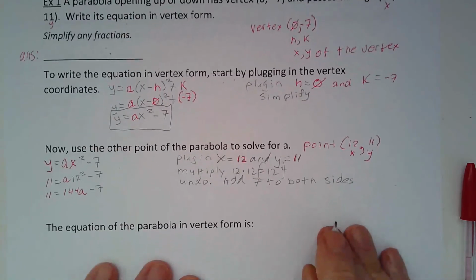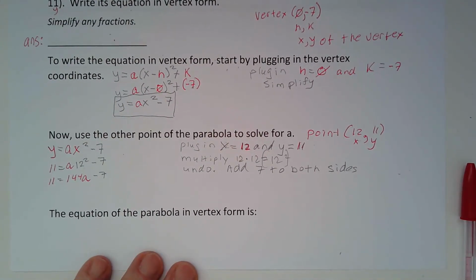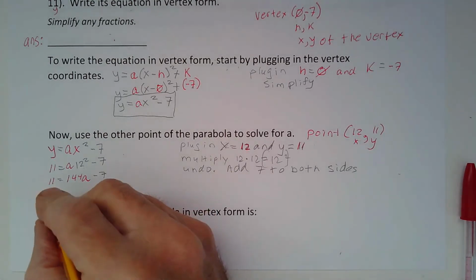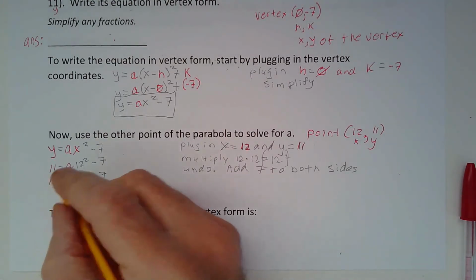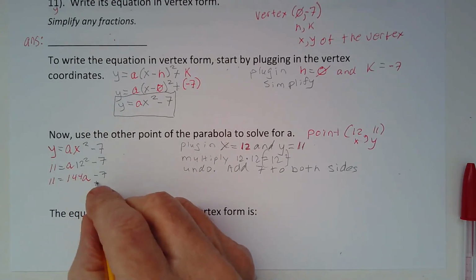That's going to mean, let's see if I can squeeze this in here. Well, we're going to add 7 to both sides, so I'm just going to do it right here.